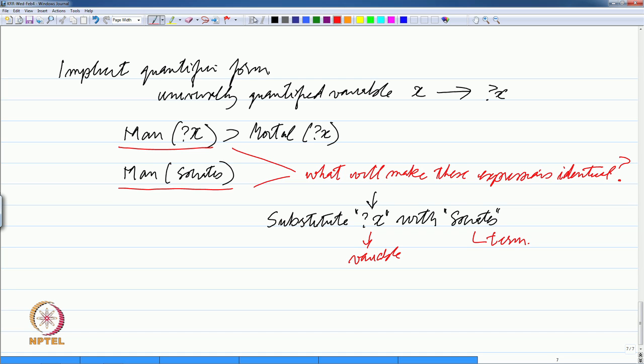We call this thing a substitution, and a substitution is often denoted by Greek letters, for example, theta. It says that I have a set of pairs which are variable and term.